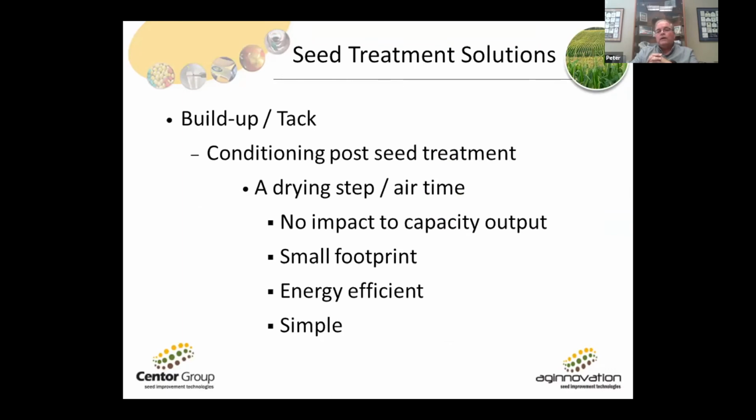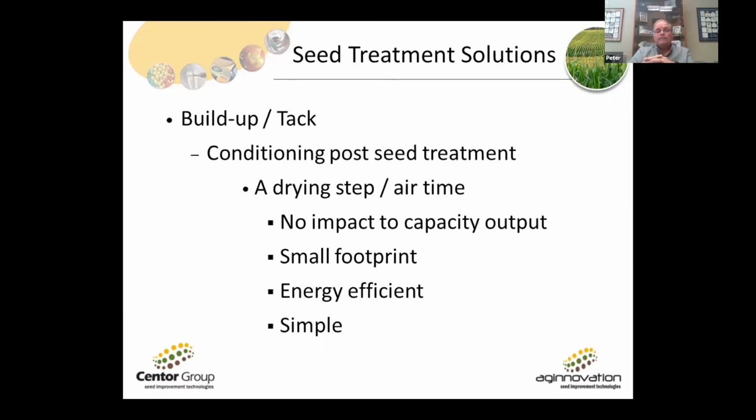So to tackle buildup and tack, we talked about drying, and that drying can be imparted in a number of ways. It can be done with an actual dryer. It can be air time or some sort of curing time. A lot of facilities on barley crops just have a very small footprint. They can't put in a lot of equipment around their seed treater.